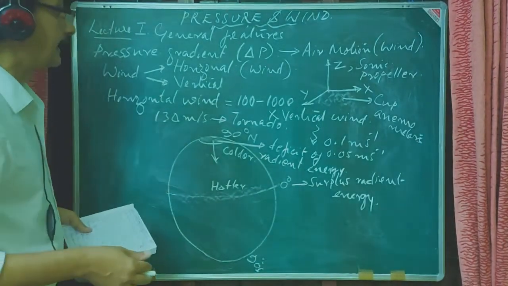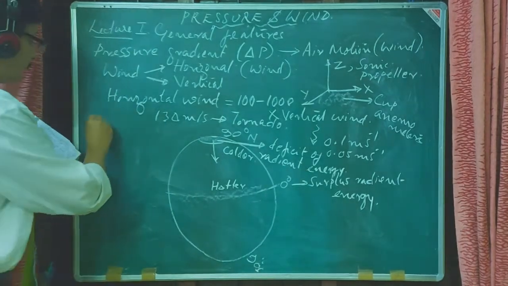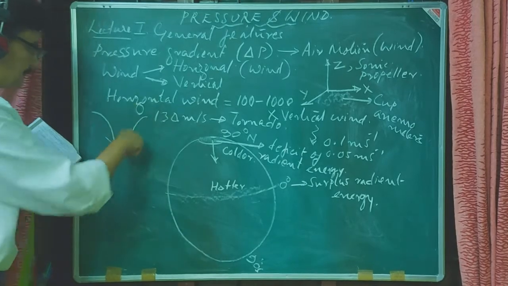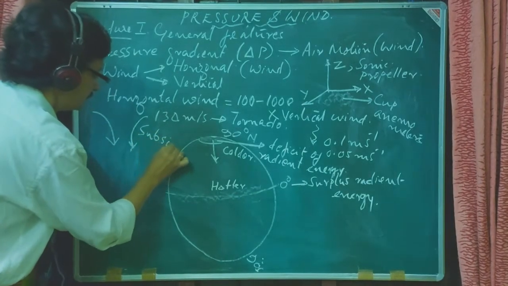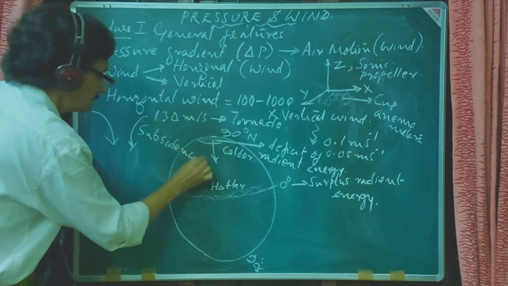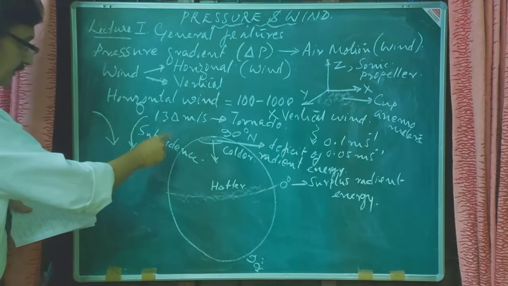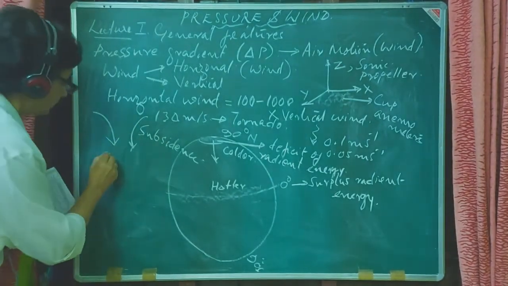Another point we have to know: the area of subsidence, that is, where the air motion is from up to down, is called subsidence. Air motion downward gives regions of clear sky.